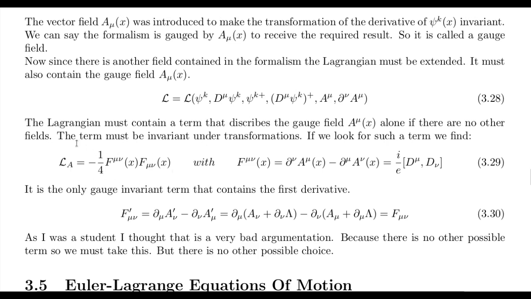That means for the Lagrange density function only for the gauge field, we have minus a quarter, F mu nu contravariant and F mu nu covariant. F is of course the electromagnetic field tensor, and that should be known from classical electrodynamics.